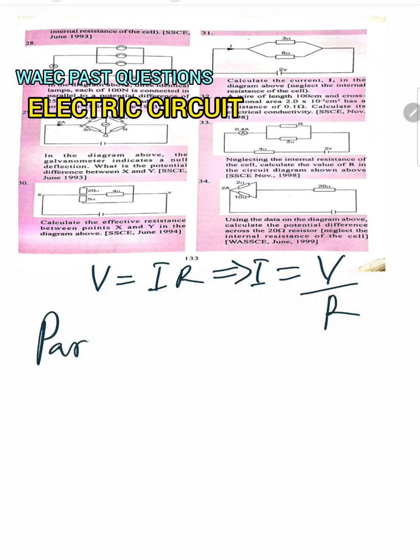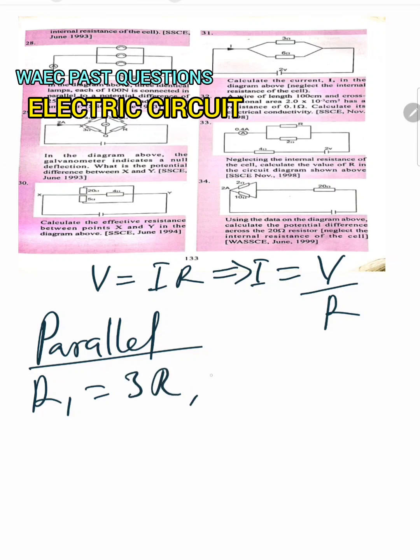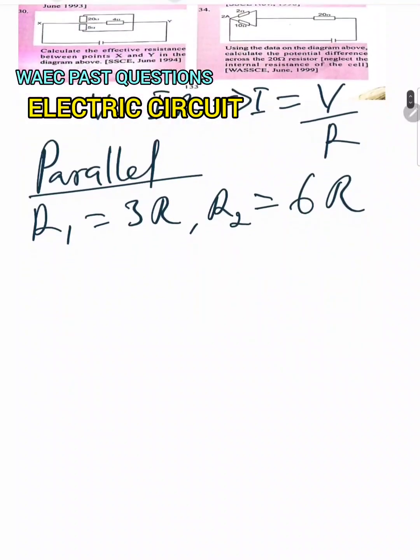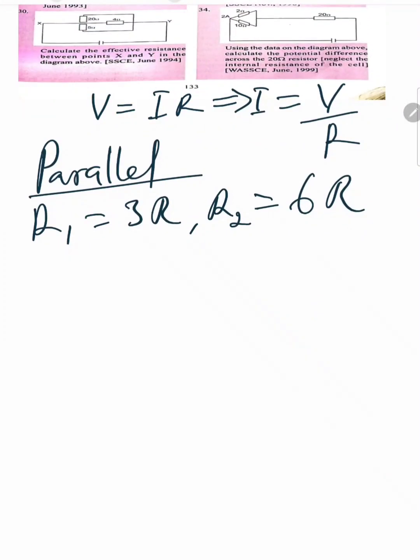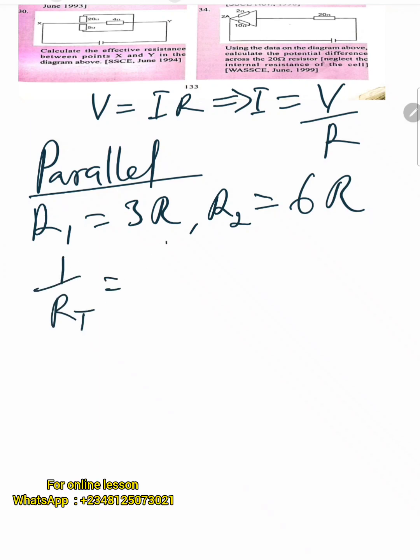This circuit here is parallel. So for a parallel connection, R1 given to us is equal to 3 ohms, then R2 given to us here is equal to 6 ohms. Now let us get the total resistance across that circuit. 1 over the total resistance equals 1 over R1 plus 1 over R2.